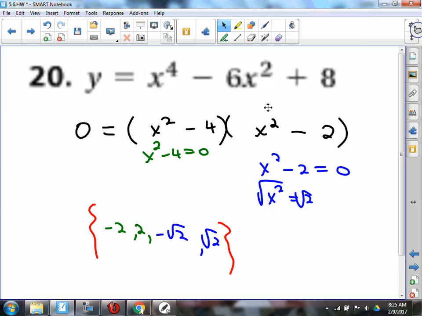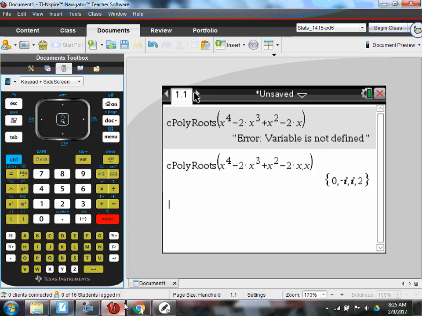Will that show up on the TI Inspire? No. Probably not. It would show up on a CAS. Yeah, we'll see. We'll check SciMath. So this was x to the 4th minus 6x squared plus 8, comma x.